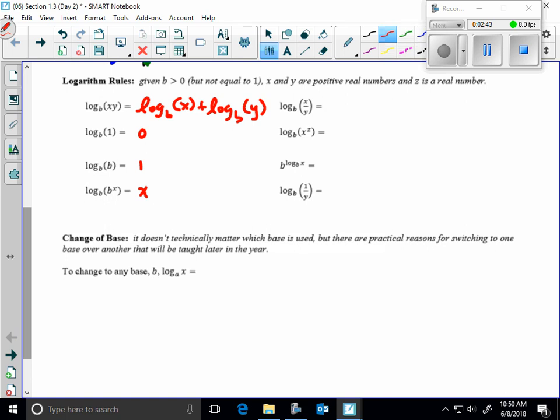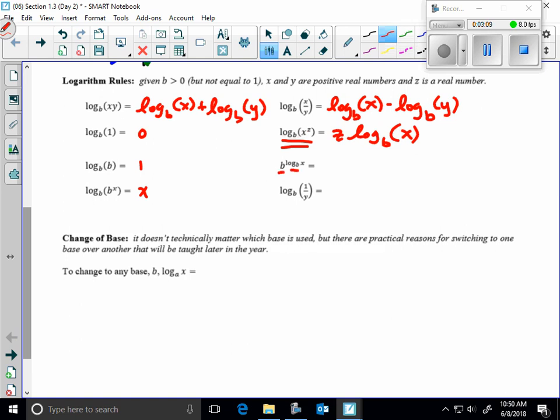Division, similar to multiplication yet different, holds a rule of subtraction when you divide. This is a very useful property that comes up a lot with a natural log, which you'll see as we go through our course: you can bring that exponent inside and bring it down in front.